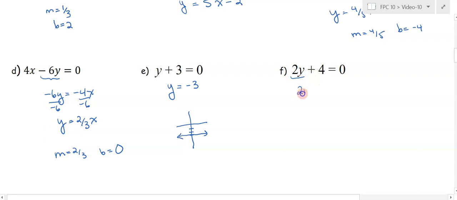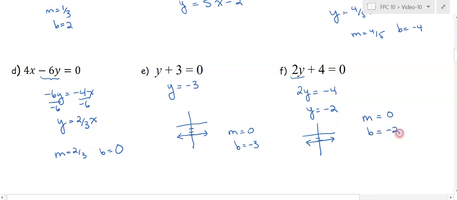You isolate the y, divide both sides by 2, and y is negative 2. My constant function is where y is negative 2. And so my slope in both of these cases is 0. In this case, my y-intercept is negative 3, and in this case, my y-intercept is negative 2.